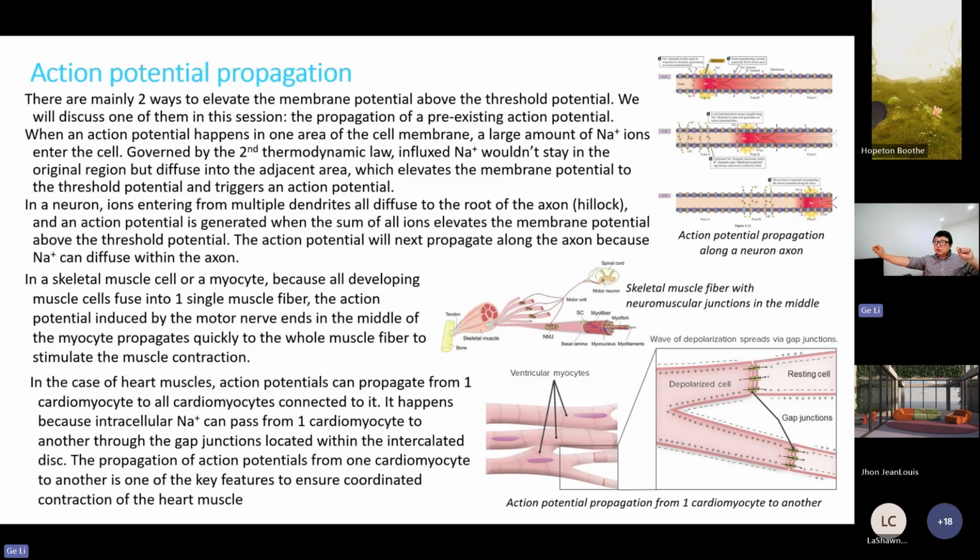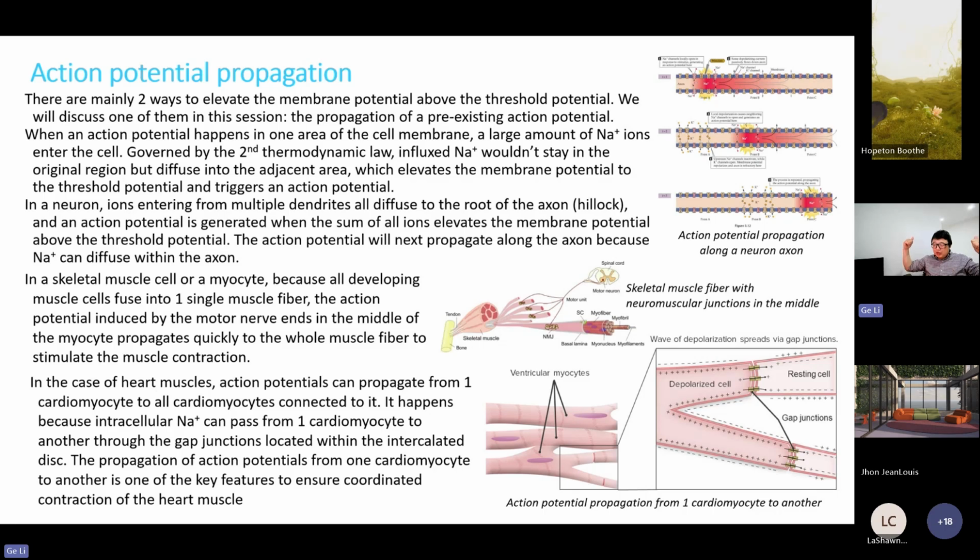In the case of muscle fiber activation, normally a nerve ending activates the action potential in the center of the muscle fiber, and then this action potential migrates through action potential propagation all the way to the end of the muscle fiber.